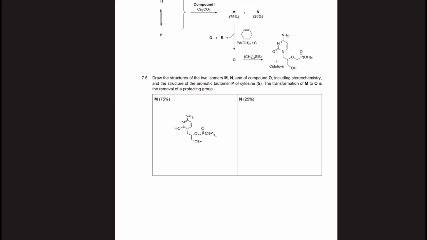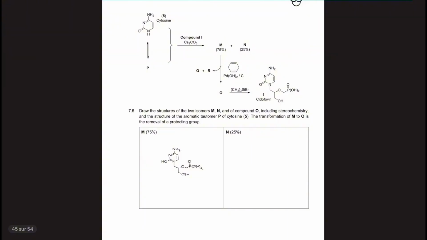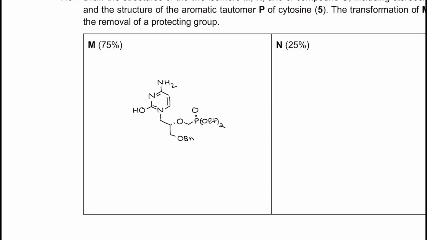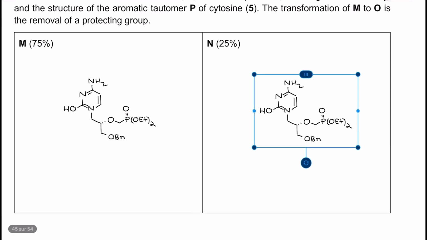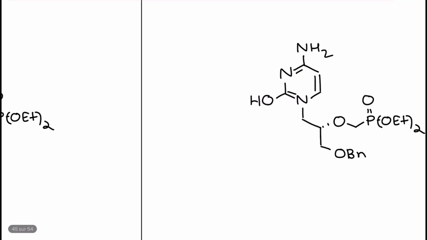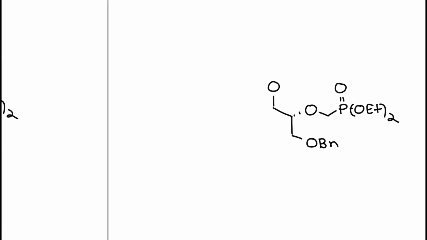N is just going to be the treatment of the other tautomer with the same base and compound I. So it's going to be using the oxygen instead of the nitrogen to connect to compound I. I think I should draw this as a pyridone, actually. It's not really a pyridone because you have two nitrogens in the ring, but who cares?